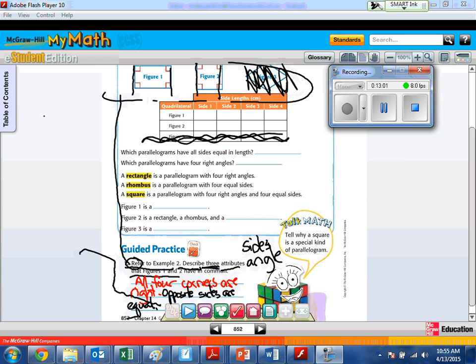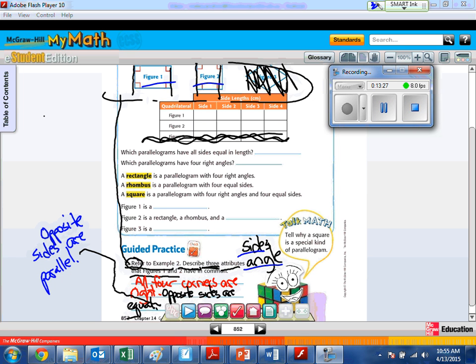We could say that opposite sides are parallel. All right, and so those are 3 attributes. Remember, sides and angles that make figures numbers 1 and 2 the same, or that's what they have in common.